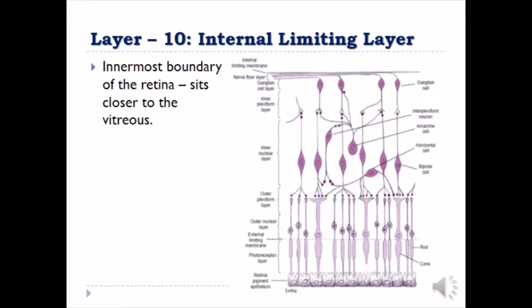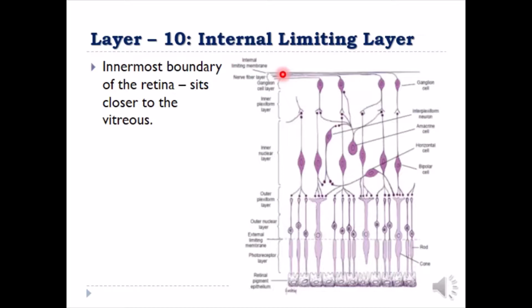Okay, here comes the last layer, that is the 10th layer, the internal limiting layer. It is nothing but the boundary of the retina, sitting closer to the vitreous, which is here, and the layer between the vitreous and the remaining retinal layers is the internal limiting membrane.